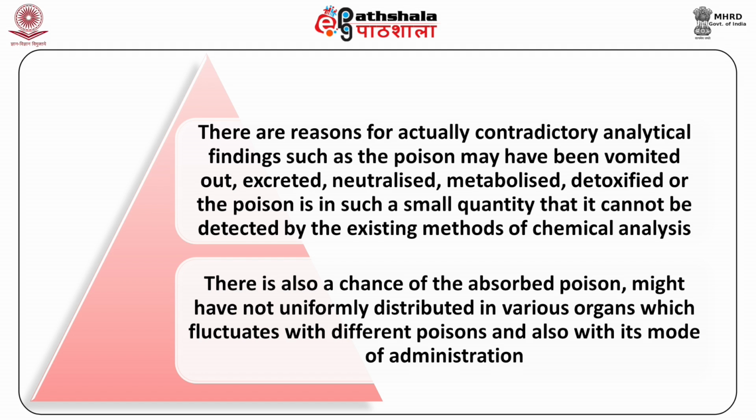There is also a chance that the absorbed poison might not be uniformly distributed in various organs, which fluctuates with different poisons and also with the mode of administration. Example: blood levels are higher than liver levels when the poison is administered by intravenous route, and the contrary mostly applies when the poison is administered orally.